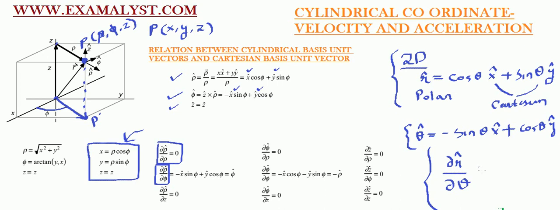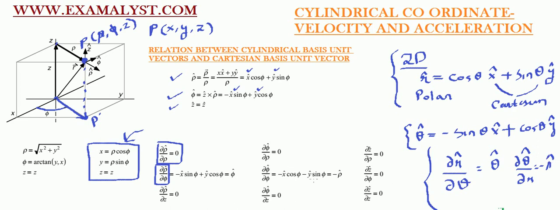What did we find? It was equal to theta cap. In this way we also found d theta cap divided by d theta, and what did we find? We found minus r cap. Go back to the previous lecture.